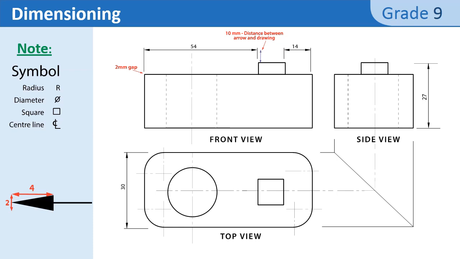Concerning the diameter of the circle, we draw an arrow touching the inside of the circle, and the arrow is inclined at 45 degrees.